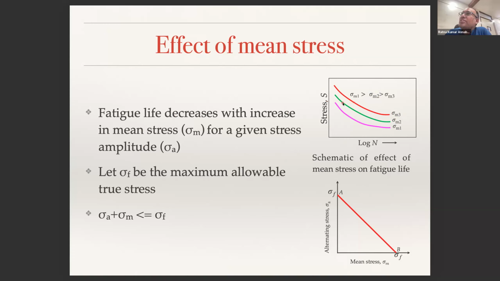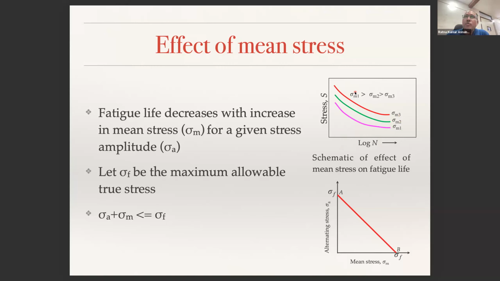If you continue to increase the mean stress, the life decreases further. For a given stress amplitude, the life is this much for sigma m1, that much for sigma m2, and that much for sigma m3, where sigma m1 is greater than sigma m2, which is greater than sigma m3. In all these cases the mean stress is positive, that is, tensile, and the situation becomes more severe and the life reduces.